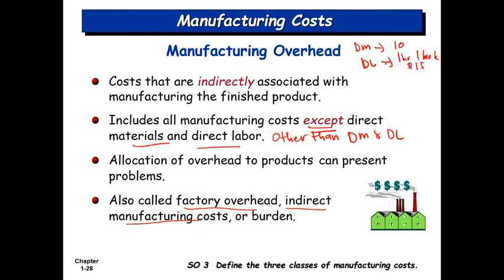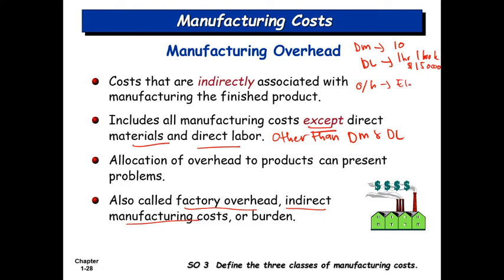So if the company produces 10,000, it means $150,000 direct labor in total. But manufacturing overhead can vary.